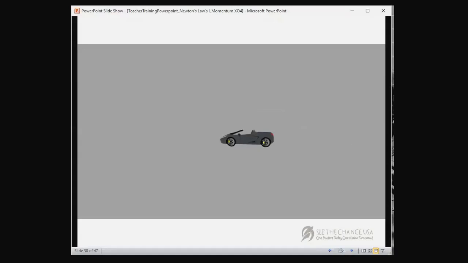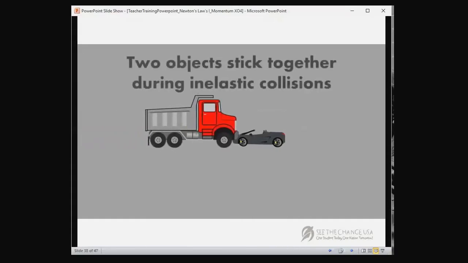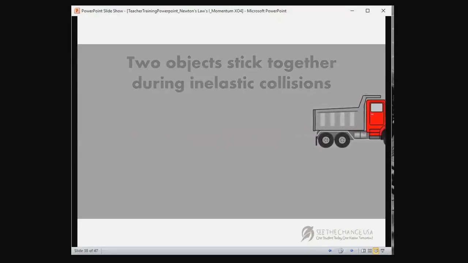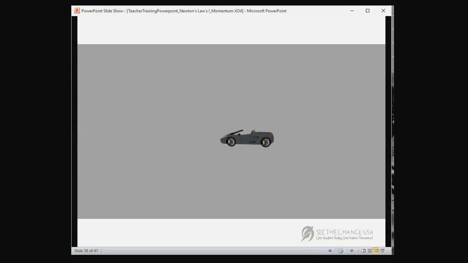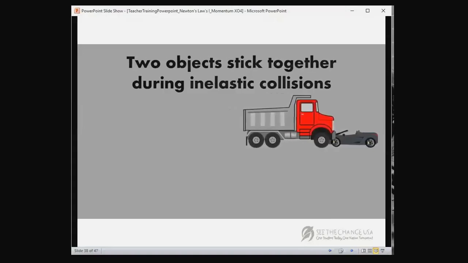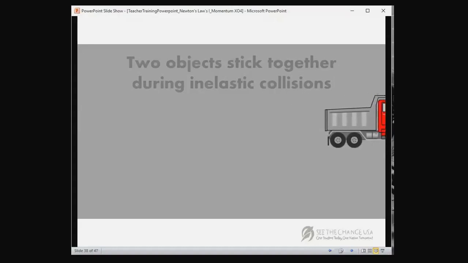To give you an example of an inelastic collision, imagine you have this large truck and it crashes into this small car and they stick together. If we were to measure the speed and mass of that truck, after it hits the car, it slows down because it transfers some of its momentum to the smaller car.